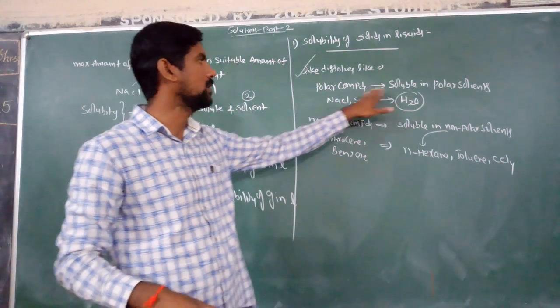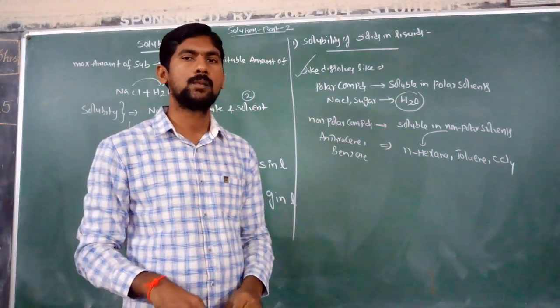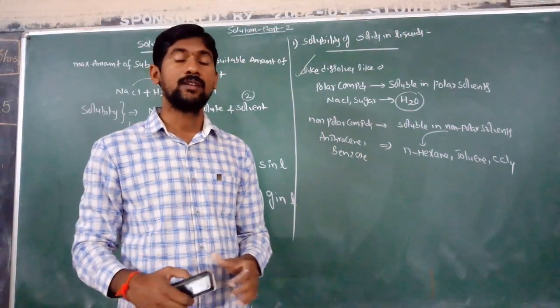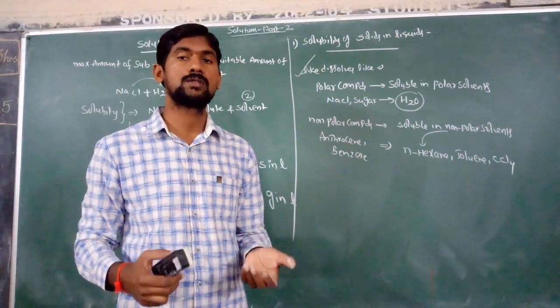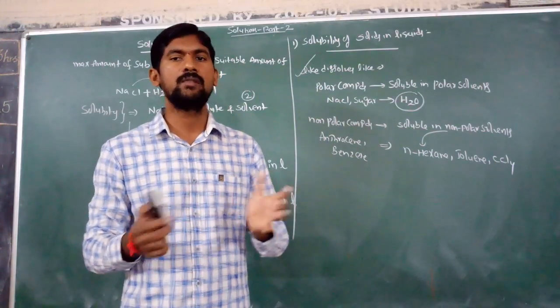Polar compounds are soluble in polar solvents. Non-polar compounds are soluble in non-polar solvents. This is mainly due to the difference in interaction between solute and solvent particles: solute-solute, solvent-solvent, and also solute-solvent interactions.